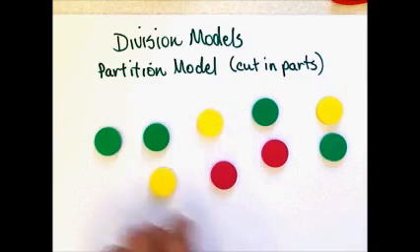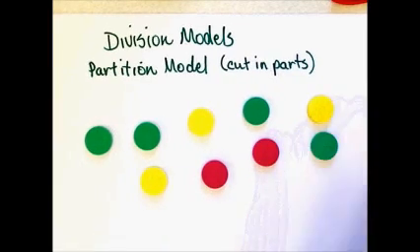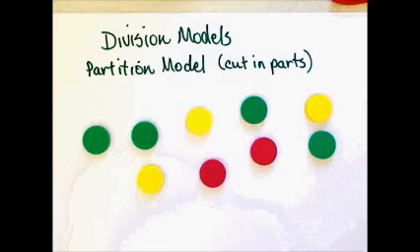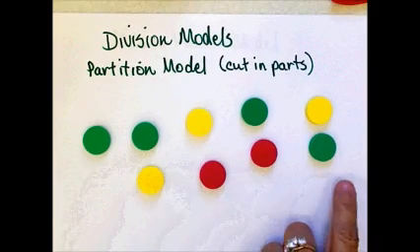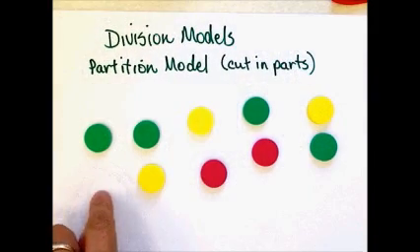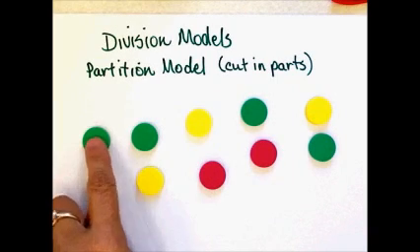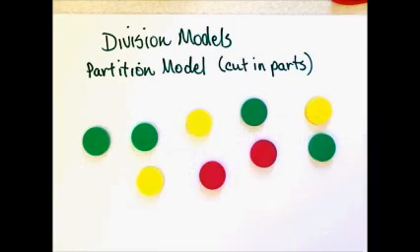Now, question, what about 9 cookies? Can I divide 9 cookies equally among 5 people? No, I can't, because I would still have one that only had 1 cookie while all the others had 2.